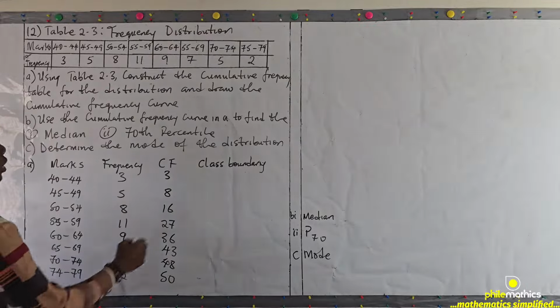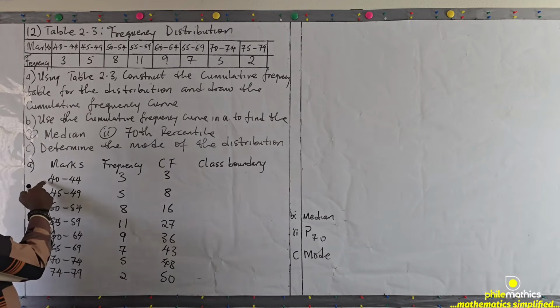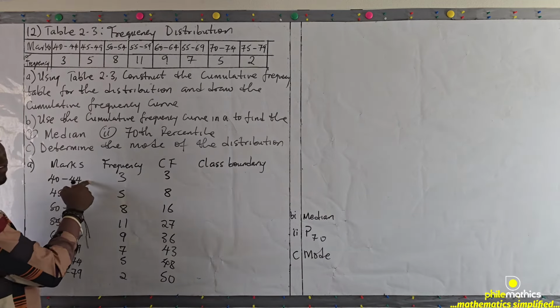And then the class boundary is simply 0.5 lower than this and 0.5 above this.